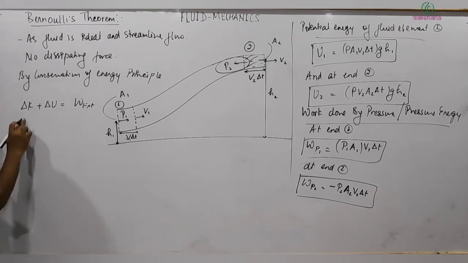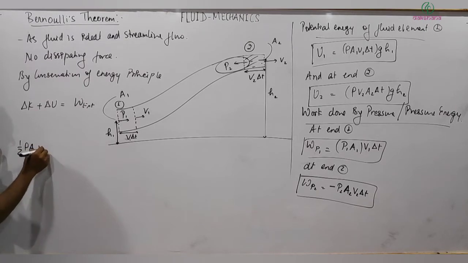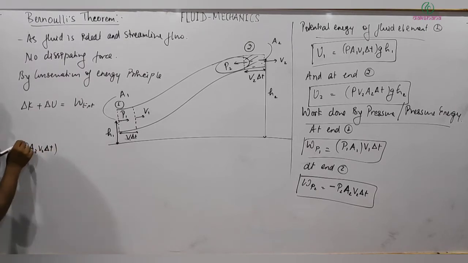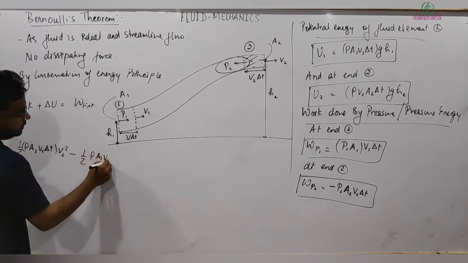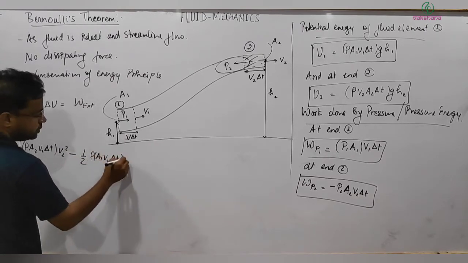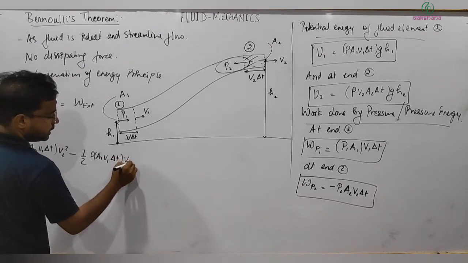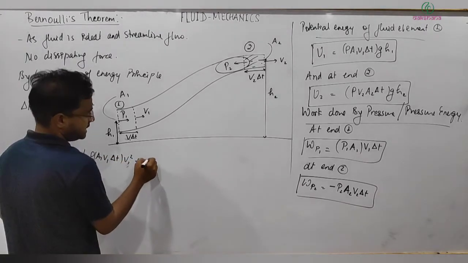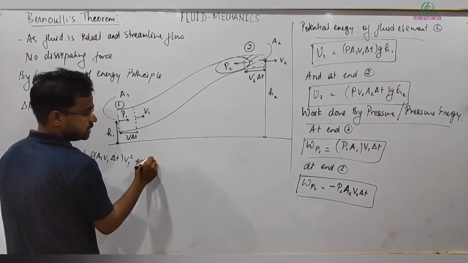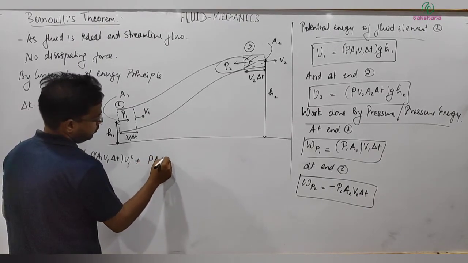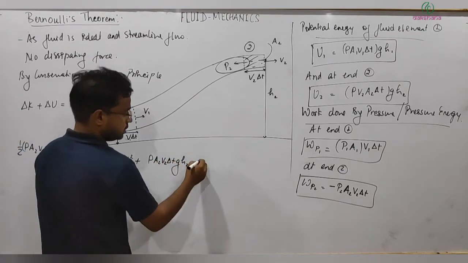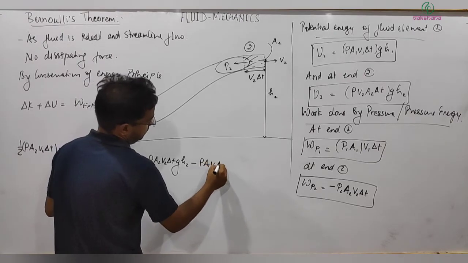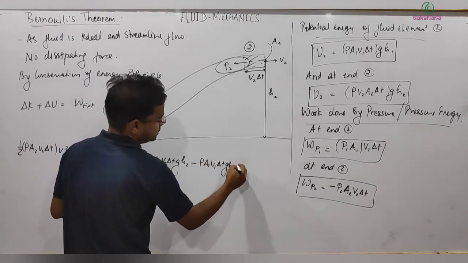This can be written as final minus initial: half rho A2 V2 delta T into V2 squared, minus half rho A1 V1 delta T into V1 squared, plus the potential energy U2 minus U1, so rho A2 V2 delta T g H2 minus rho A1 V1 delta T g H1.